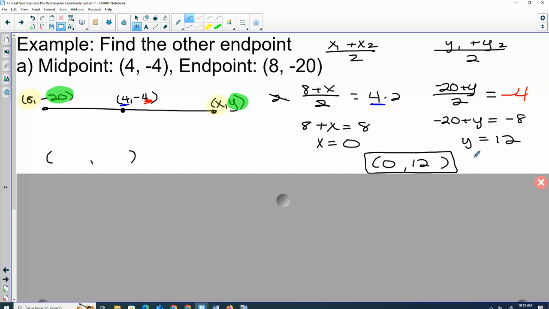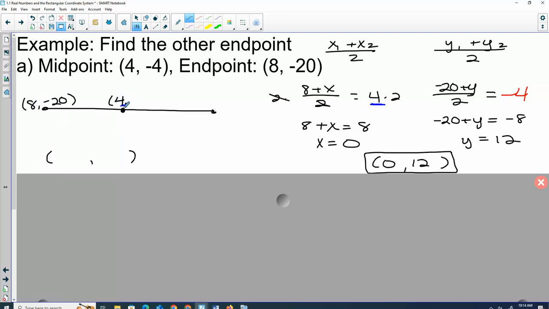Now, if you don't like that, the good news is there's another way of doing it. Okay, this one is just using reasoning. So if I'm looking at this, I'm going to rewrite these points since I scribbled all over them. So we had 8, negative 20.